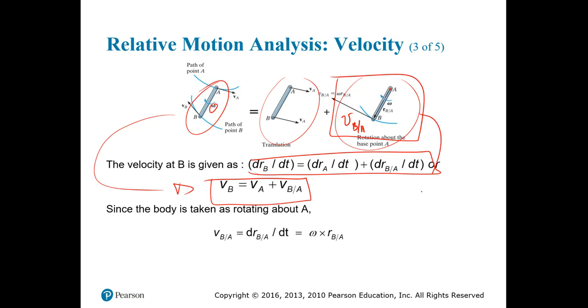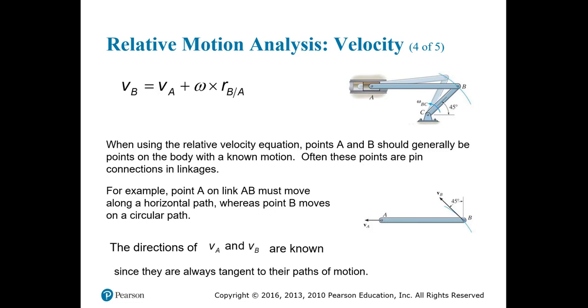So that equation is just the equation we developed in the first video of this chapter. Okay, so the velocity of B with respect to A is nothing more than the angular velocity of the bar times the distance between the points that are involved in this study. In this case, it is the position vector of B with respect to A. And that is very important because then you can write the equation in terms of velocity and angular velocity at the same time.